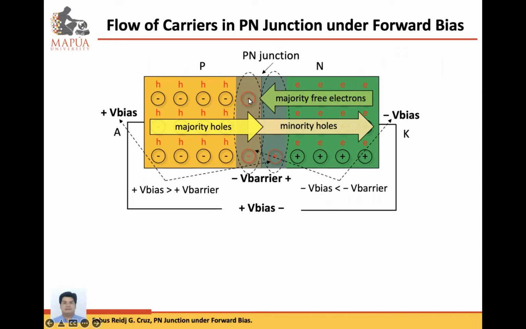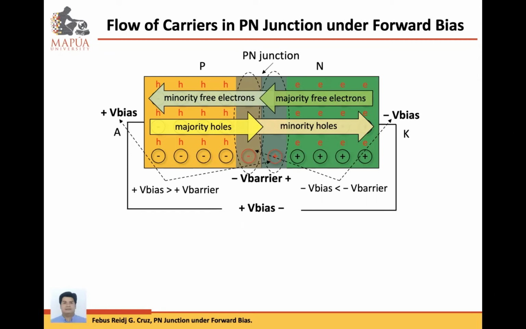So kumbaga negligible yung negative dito, no? So the majority of the free electrons can pass through the negative ions in the barrier potential. And eventually, once they enter the P-type, the majority free electrons will become minority free electrons.